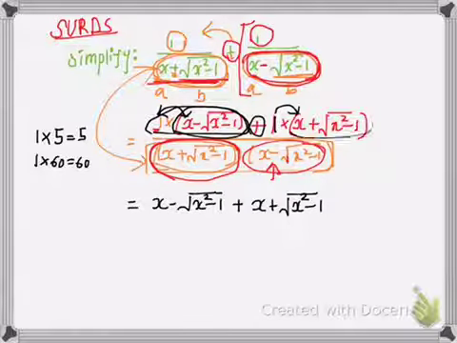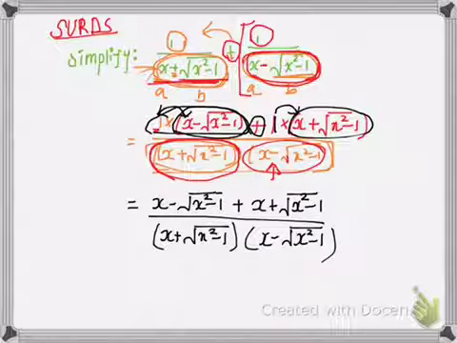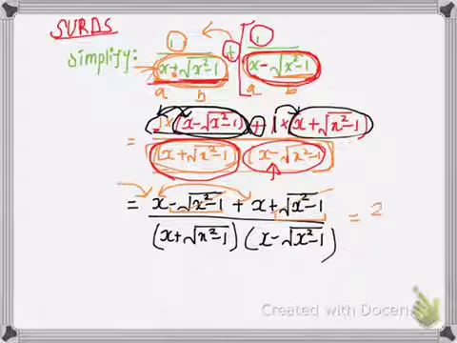Since I've multiplied this term with 1, the term remains unchanged, and for the denominator portion I'm going to write it as it is. Now when we look at this numerator portion, we can see there is negative root x squared minus 1 and positive root x squared minus 1. So we can simply cancel these two terms, and what is left here is x plus x. So this sums up to give 2x.